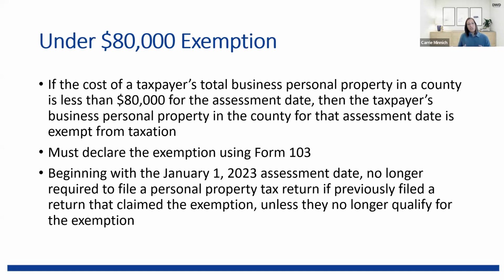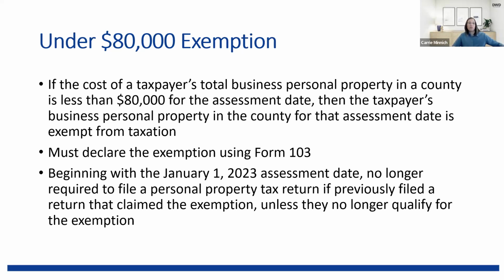Once you file this, and as long as you continue to have less than $80,000 of property, you don't have to file a return. Now, the thing is, it's either or. You can't have a nonprofit tax exemption and an $80,000 exemption. If you were to file this $80,000 exemption, then your nonprofit tax exemption for property taxes goes away.